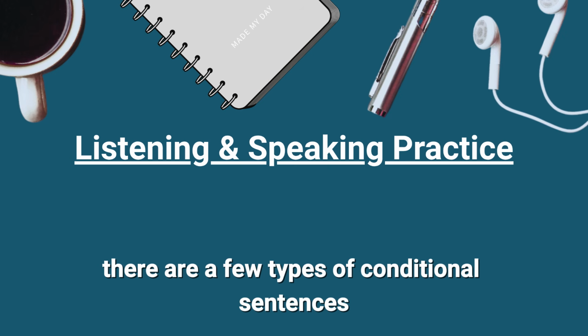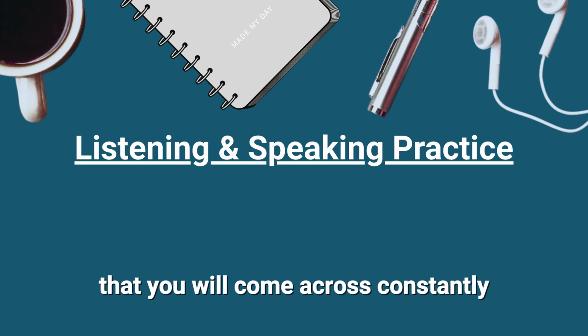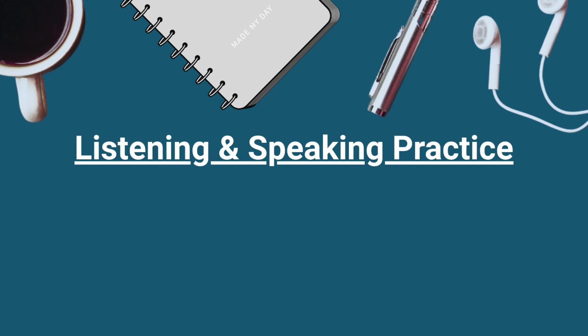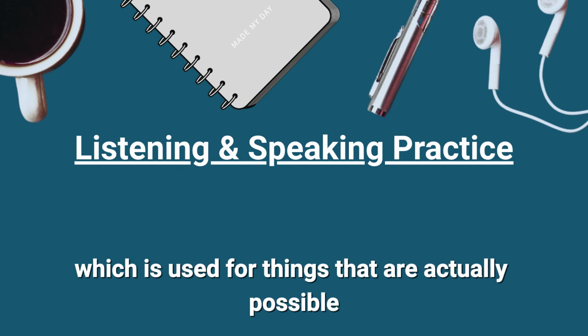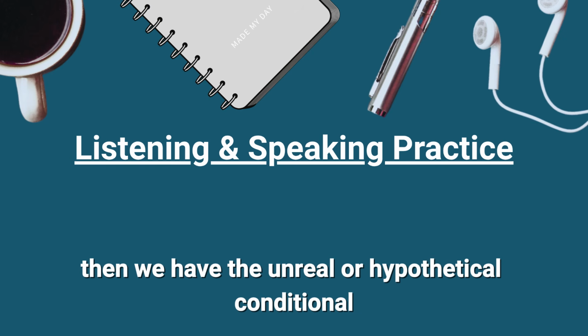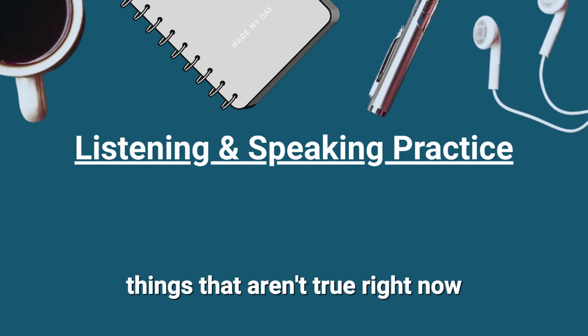There are a few types of conditional sentences that you'll come across constantly in everyday English. We have what many teachers call the real conditional, which is used for things that are actually possible. Then we have the unreal, or hypothetical conditional, which is for imaginary situations, things that aren't true right now.